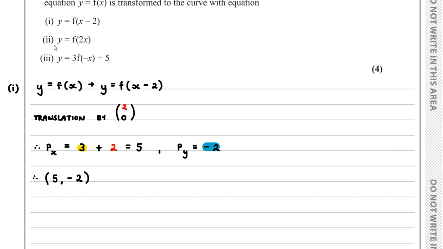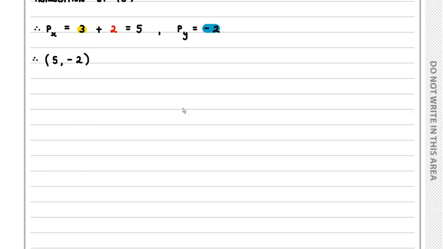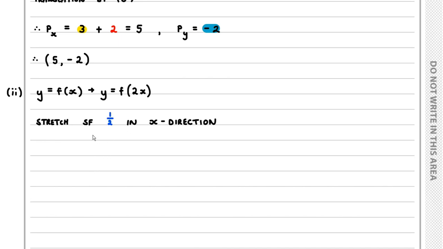For the second part of question 3, y equals f of 2x. So, we are going from y equals f of x to y equals f of 2x. And here, the transformation is a stretch with scale factor 1/2 in the x direction.